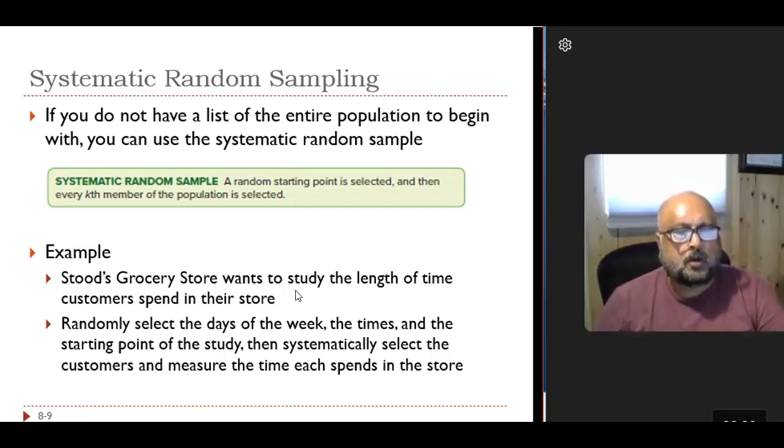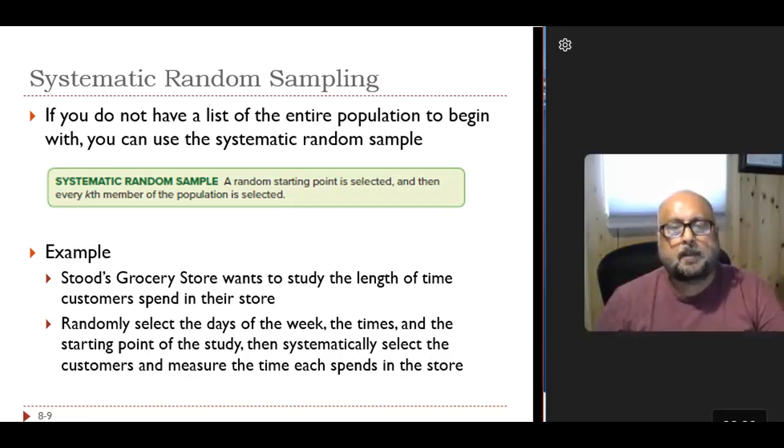Studs grocery store wants to study the length of time customers spend in their store. To study that, he randomly selects the days of the week, the times and the starting point of the study, then systematically selects the customers and measures the time each spends in the store.